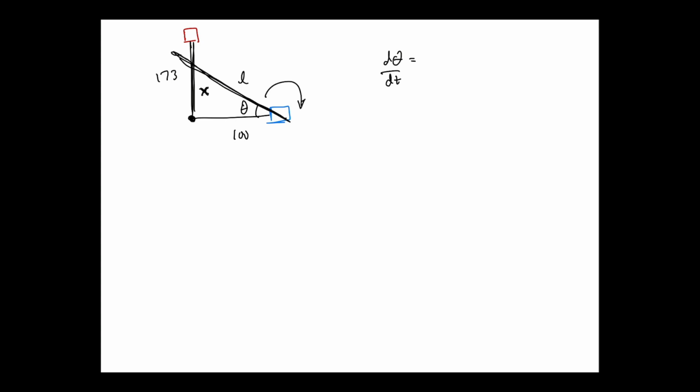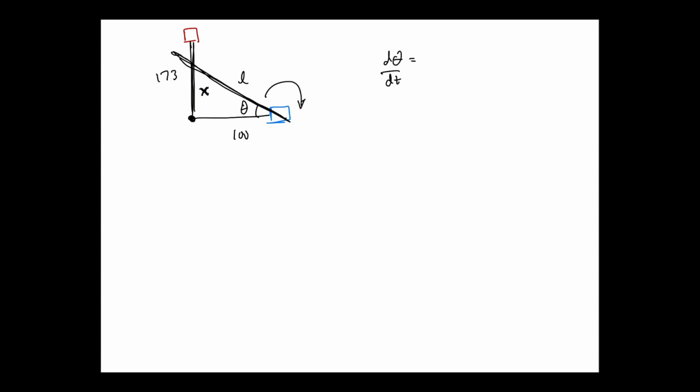So why don't we use radians here instead of degrees? That'll save us some trouble later. Okay, so if it rotates twice per minute, that's 360 degrees per, well, it's actually 720 degrees per minute, right? What is that in radians? Well, what's 360 in radians? 2 pi.